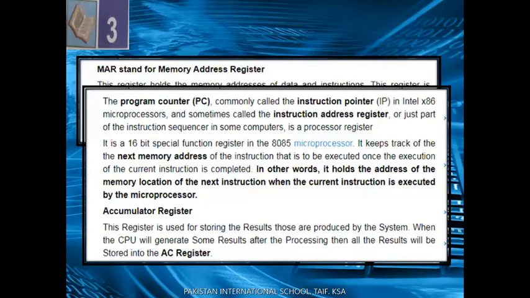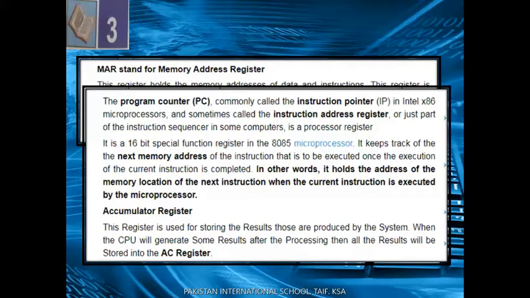In other words, it holds the address of the memory location of the next instruction when the current instruction is executed by the microprocessor. So PC is the program counter inside the microprocessor. It controls the sequence in which instructions are fetched from the memory at any given instant. The contents of PC indicate the address in memory from which the next instruction is to be fetched.